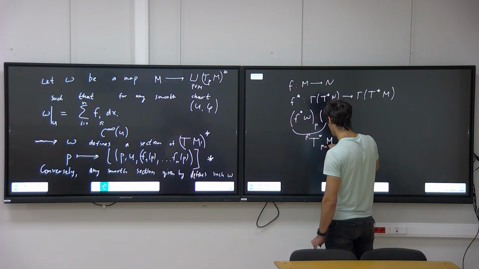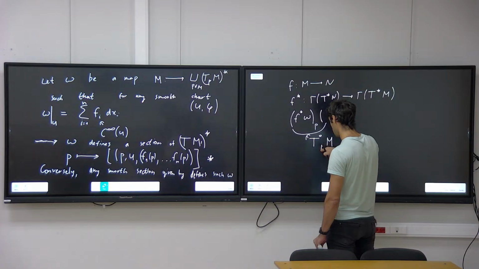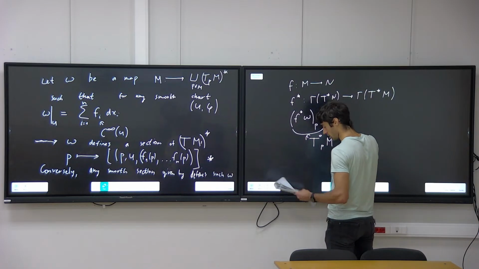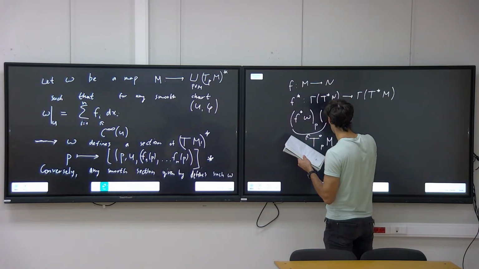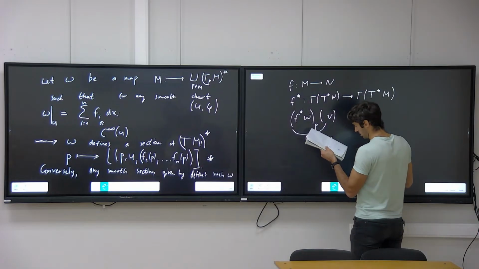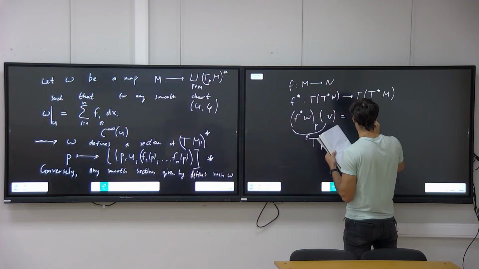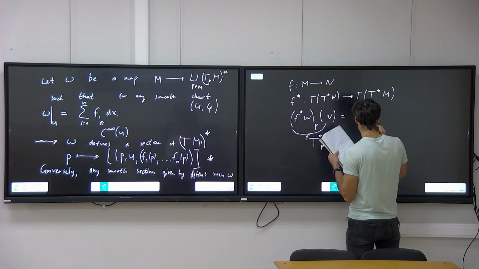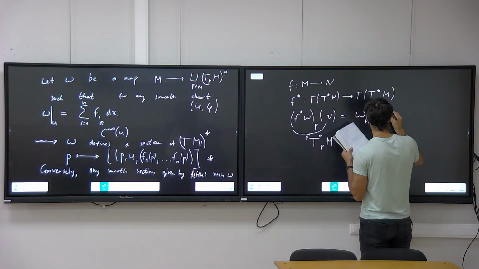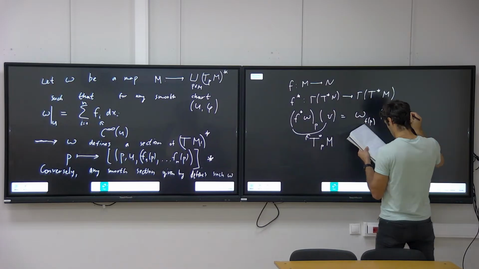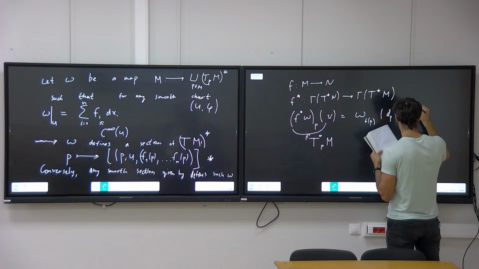And then it eats a tangent vector at p from T_p M. So let me put in some vector v. Now this is by definition just omega in the same notation, at f of p, applied to d_p f of v.